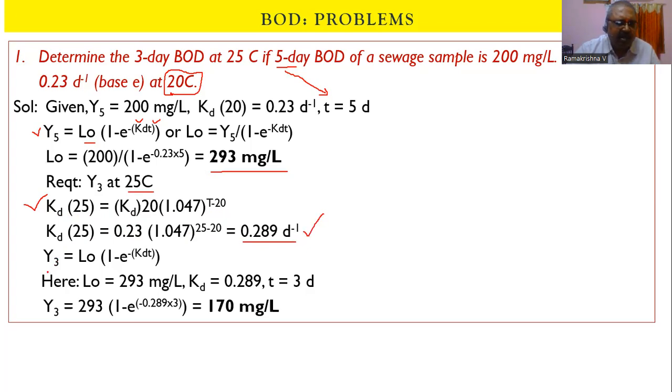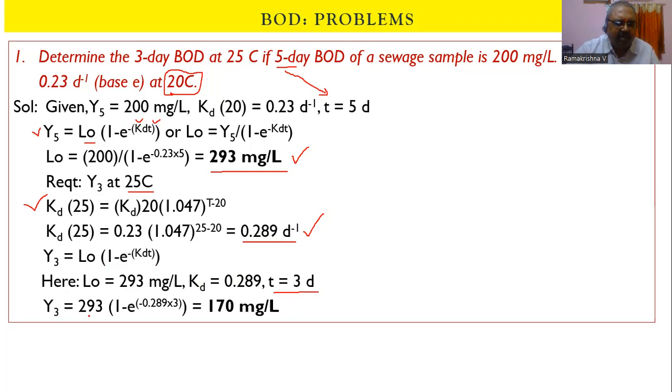So you have to calculate Y3, that is BOD at 3 days. Y3 is equal to L naught into 1 minus e to the power of minus KD into T. L naught we have already calculated as 293 milligram per liter. That we will bring here, and KD at the desired temperature is 0.289, and the incubation period is 3 days, so T is equal to 3 days.